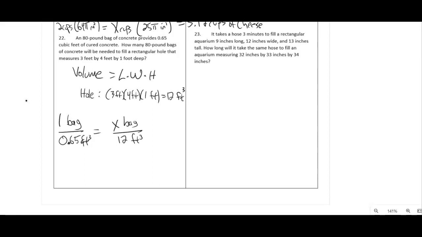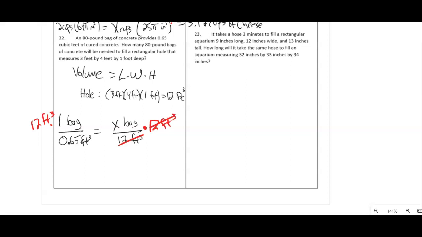X bags will fill 12 cubic feet. So we solve for X. Instead of solving this way, now that we see the X, let's just multiply both sides by 12 cubic feet, because that reduces the right side to just be X.